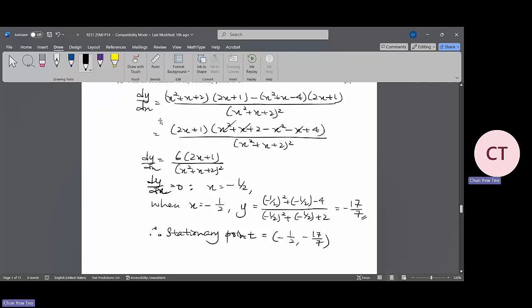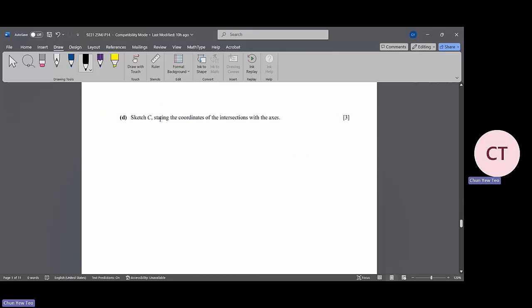Done for C. Now we move on to D. We want to sketch a graph and state the intersections with the axes. Your y is equal to x squared plus x minus 4 over x squared plus x plus 2. When x is equal to 0, y is negative 2.